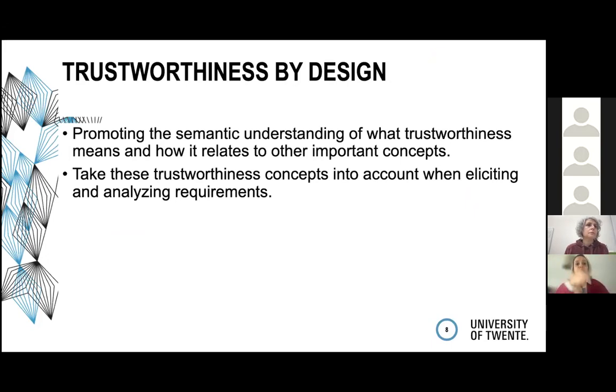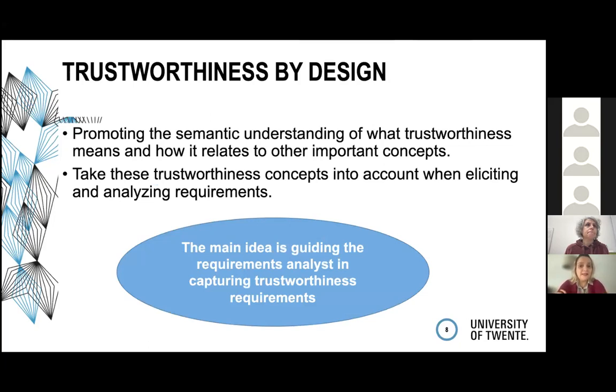So first of all, it's promoting the semantic understanding of what trustworthiness means and how it relates to other important concepts, and taking these concepts into account when eliciting and analyzing requirements. So the main idea is guiding the requirements analyst in capturing trustworthiness requirements, right?